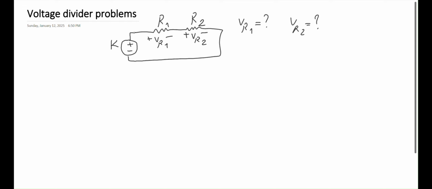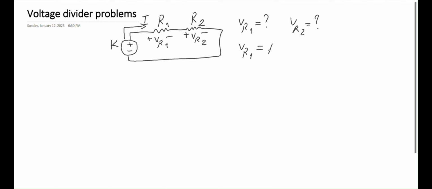A good way is to calculate the total current of this circuit. Why? Because if I have the current, then I know VR1 based off Ohm's law is R1 times I. Let's just write it down.